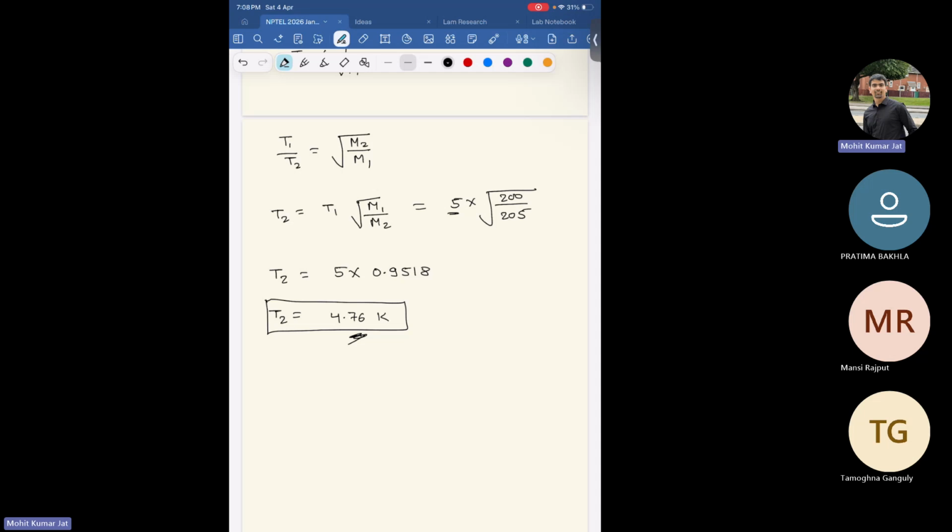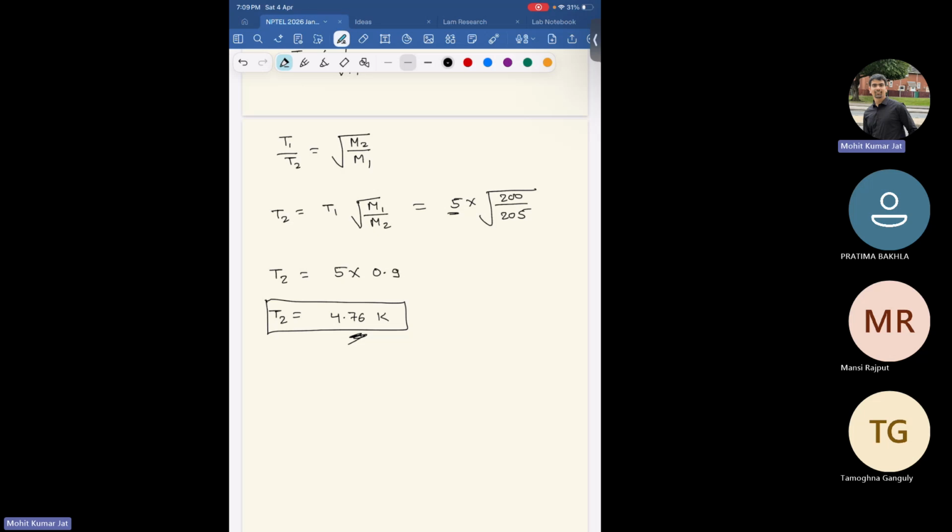So 200 divided by 205 multiplied by 200. Okay, I squared it. I should take the square root. This is not correct. Once again, 200 divided by 205 raised to power 0.5. That's why I thought this was a large change.